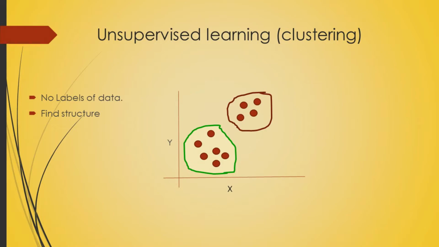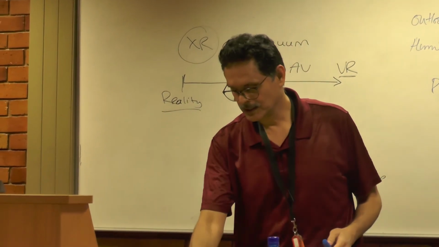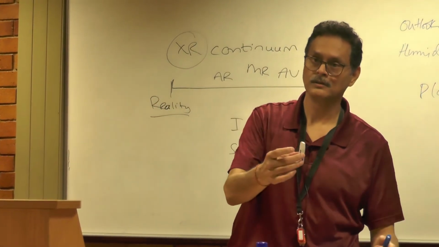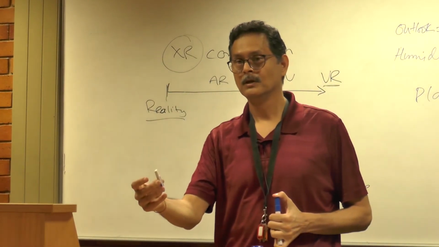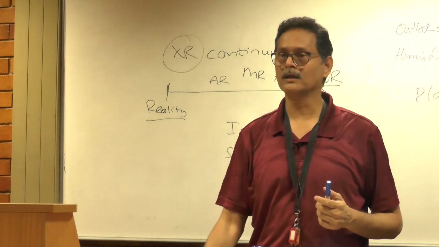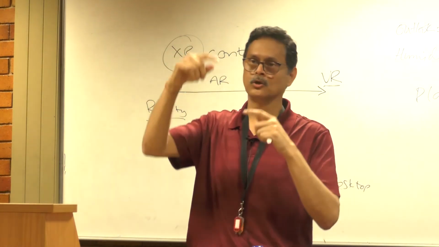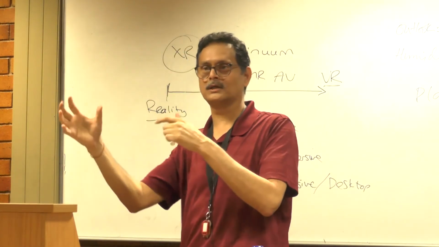Like, for example, I've got a basket full of fruits. Fruits in the sense there's bananas and apples, right? Now, I want the machine to sort it out for me, or to be able to say, okay, here is another fruit. Tell me, is it an apple or is it a banana? So it will be able to decide what it is by the features of the fruit. For example, banana is yellow in color, it's long, whereas apple is round, its weight is so much.